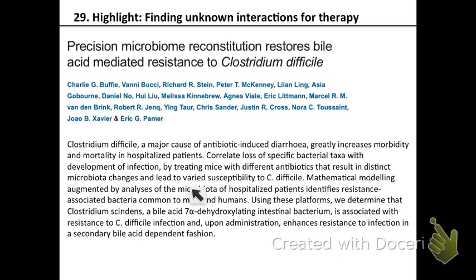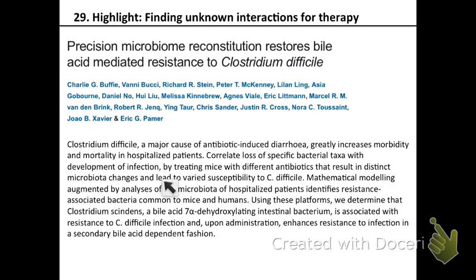So they said, okay, let's try this in mice. They treated the mice with different antibiotics, which results in distinct microbiota changes. That means different antibiotics are killing a certain family of bacteria, right? So they affected the microbiome of these mice in different ways.